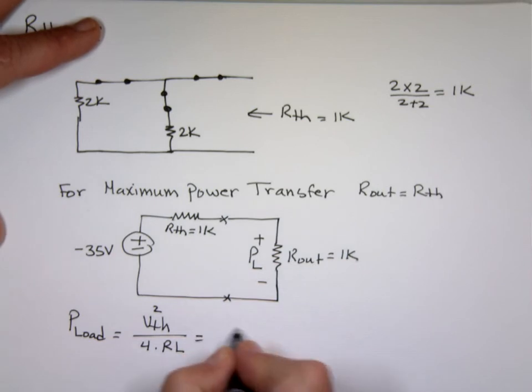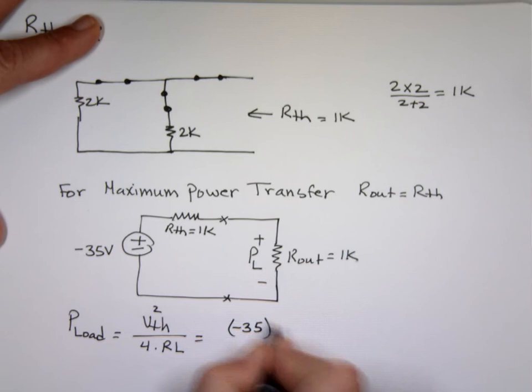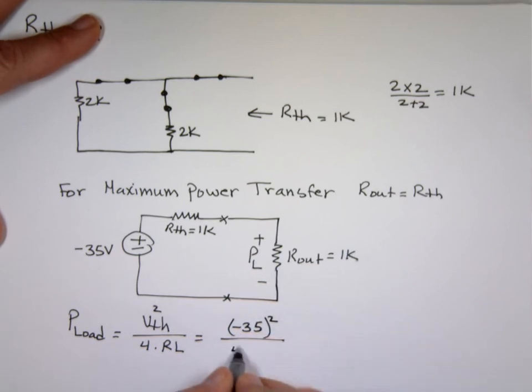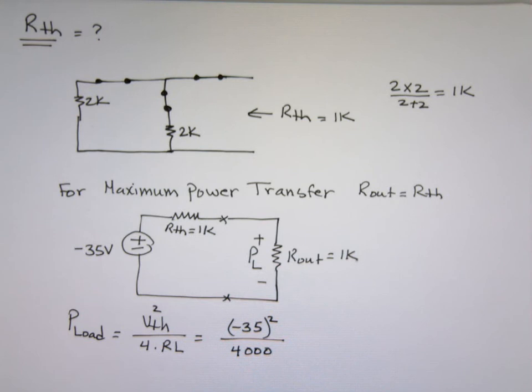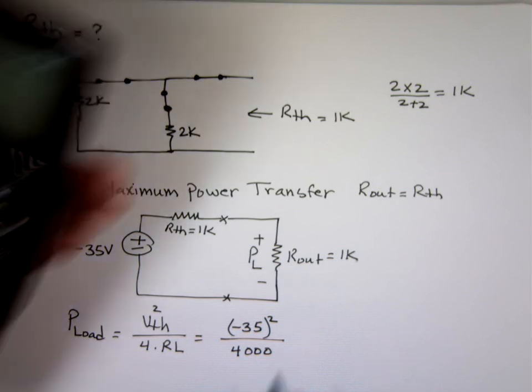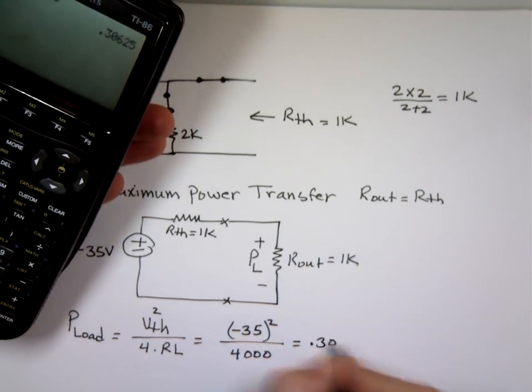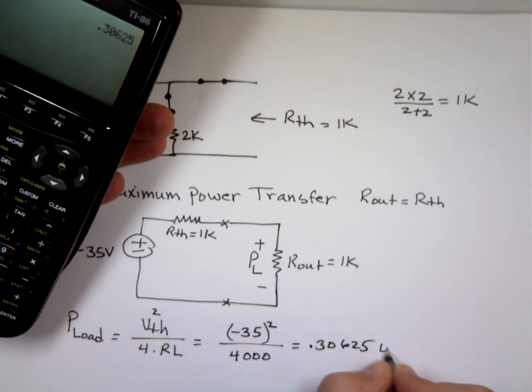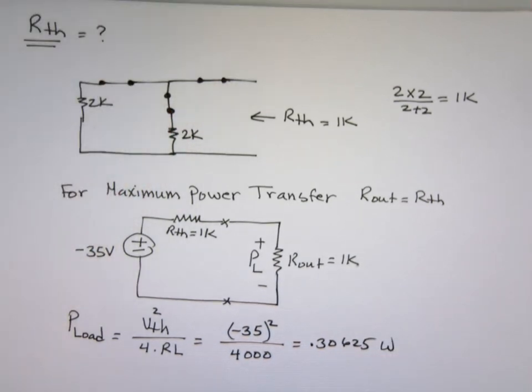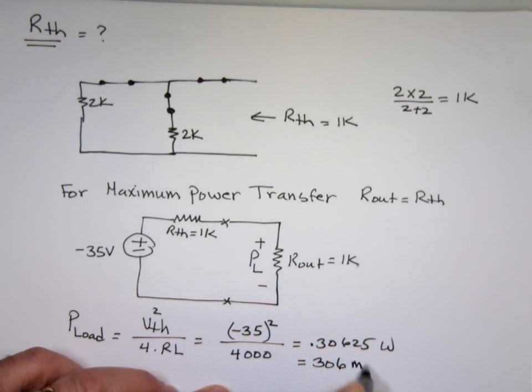V Thevenin is negative 35, squared, divided by 4,000. 35 squared divided by 4,000 is 0.30625 watts. So you can write that in milliwatts: 306 milliwatts.